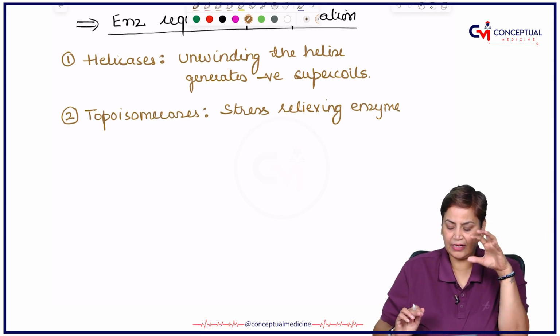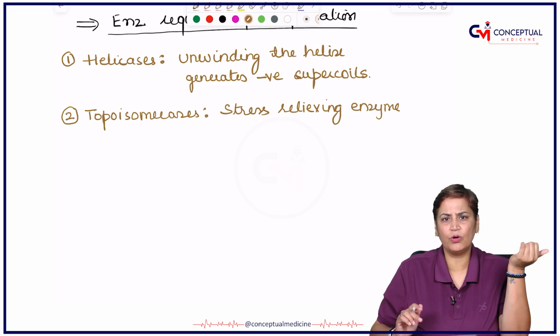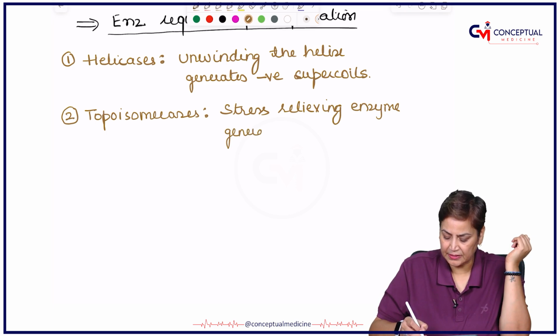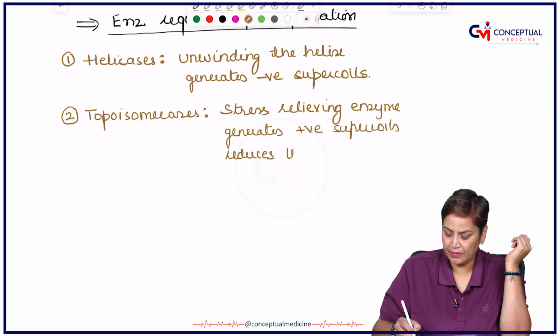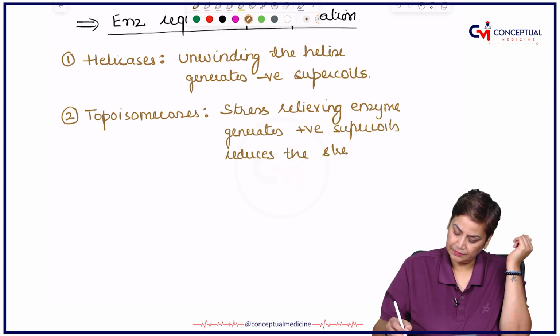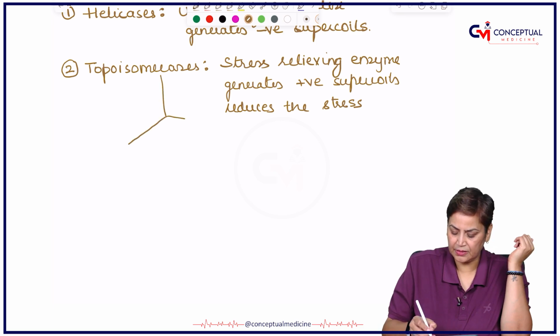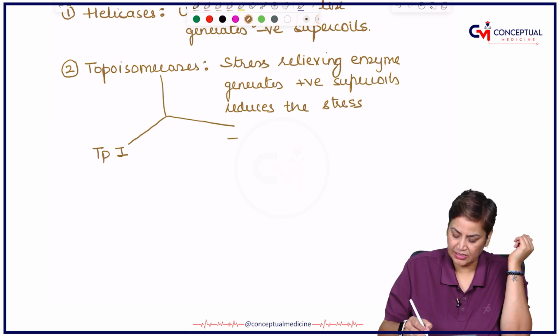Right. So whatever negative supercoil is generated, it will try to convert it into a positive one. So it generates positive supercoils and reduces the strain. And this topoisomerases is of two types. One is topoisomerases 1 obviously, and the other is topoisomerases 2.